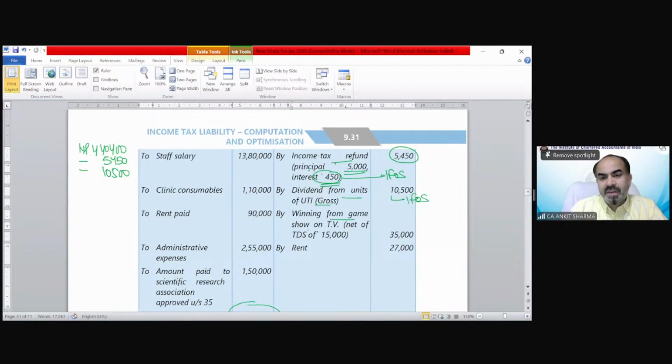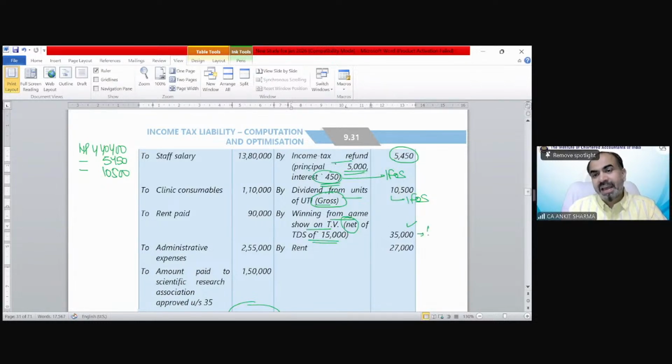Winnings from TV game, etc., net of TDS: 35,000. So TDS of 15,000 has been deducted. Now you can see it has been written gross, the income has been given gross, that means no TDS has been deducted. If the income on which TDS liability is there has been written net, that means TDS has already been deducted.